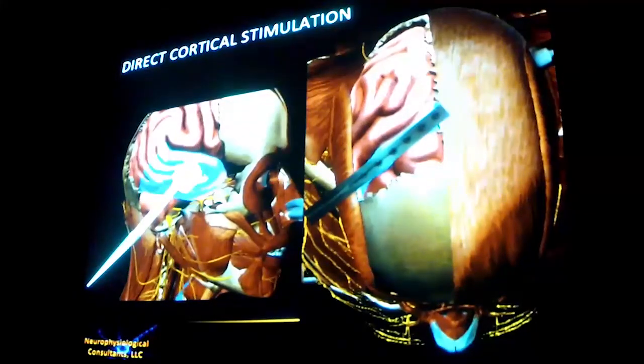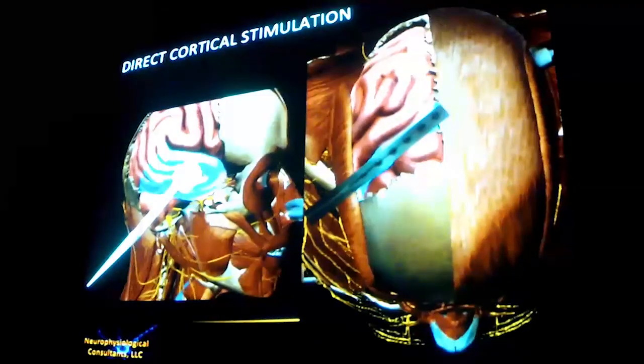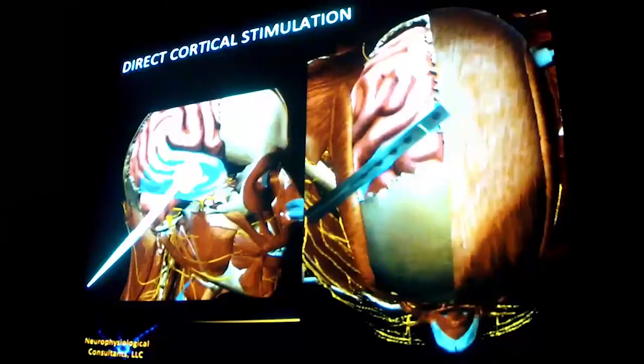Again, this can be used to differentiate motor and sensory, because you can stimulate the sensory cortex with a bipolar and you don't get a response, stimulate the motor and you get a response. Or you can do the same thing with the strip. You can move the strip around. What's nice about the phase reversal is that if you try to get a motor response from the sensory cortex and don't get anything, is it a true event not occurring, or is it a technical failure?